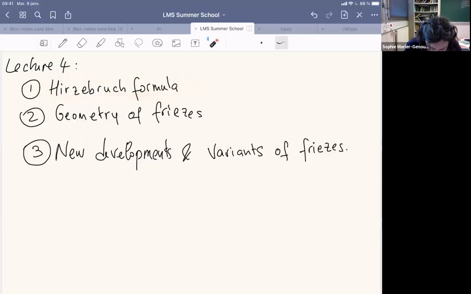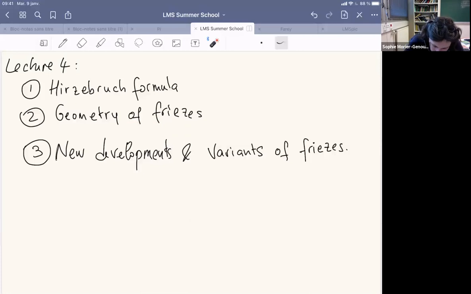I'm going to go over this formula again, and also what was not said from the beginning: the origin of the frieze, the motivation of Coxeter. I will discuss a little bit the geometric picture related to frieze, and go also over the modern developments.